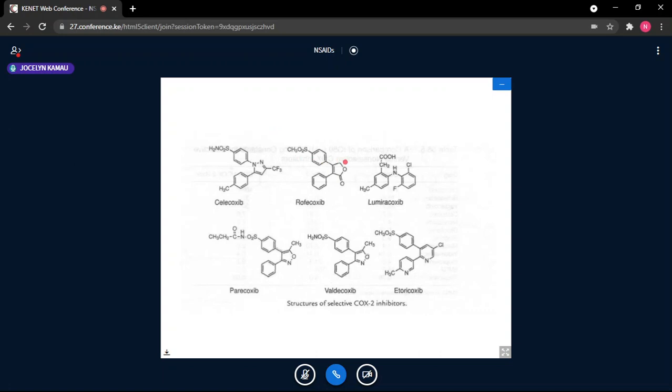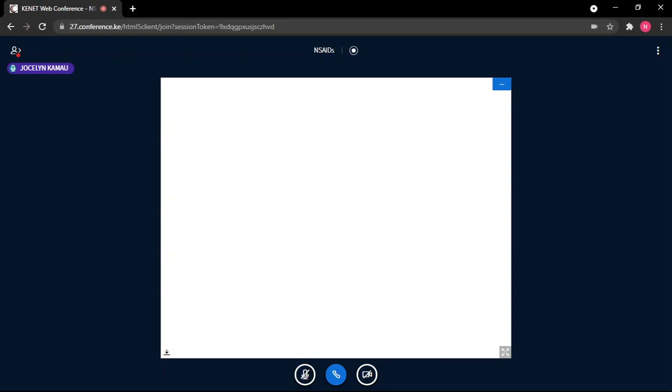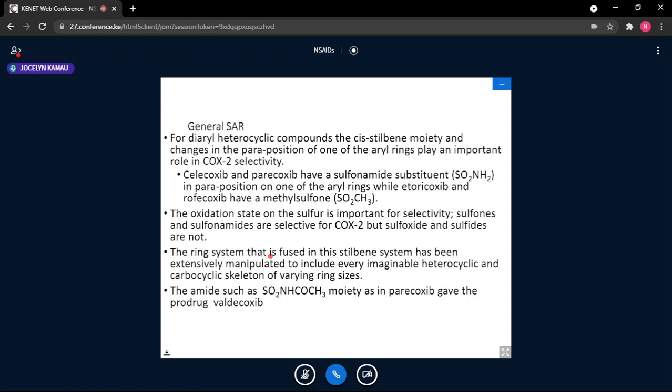If you look at this ring and this substituent, it is substituted at the para position. So the cis-stilbene ring is important, and also that para position substituent within that drug is very, very important.